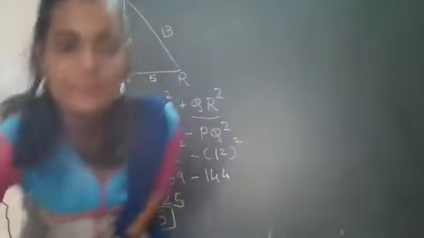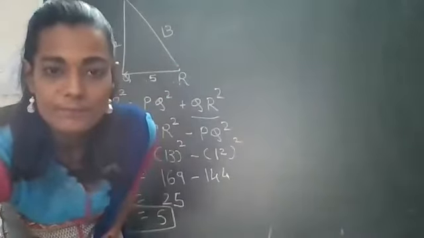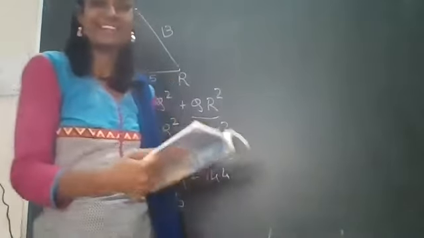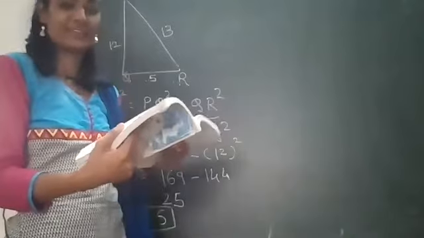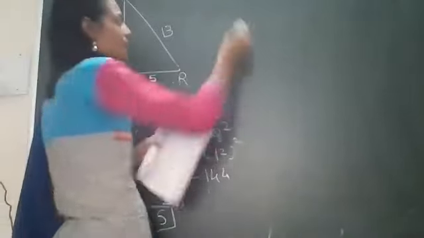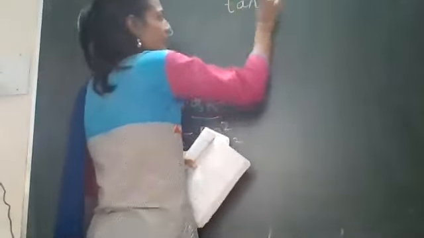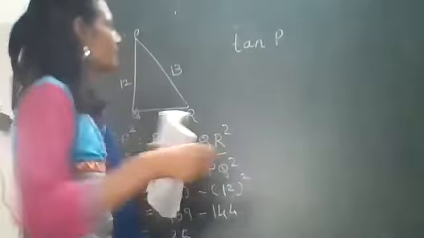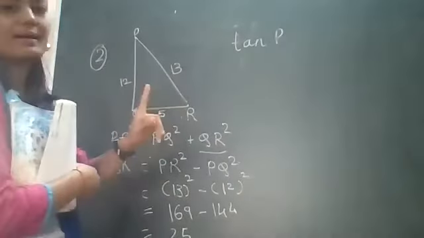Write down this much. Hope you have completed now, right? Yes, ma'am. So now we have to find tan P and cot R, but first we will find tan P. Tan is opposite upon adjacent.